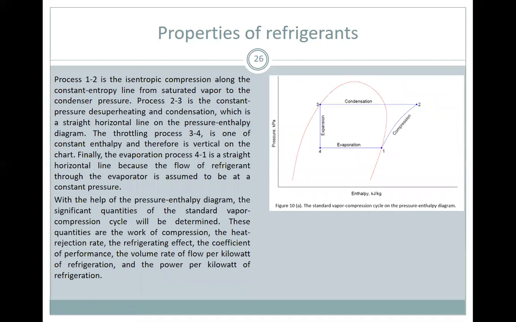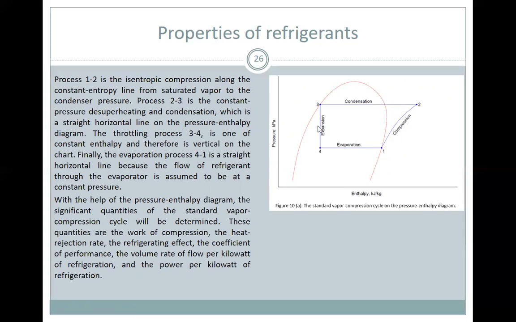Okay? So, process 1 to 2 is compression, isentropic compression along the constant entropy line from saturated vapor to the condenser pressure. Process 2 to 3 is the constant pressure superheating and condensation, which is a straight line on the pressure enthalpy diagram.